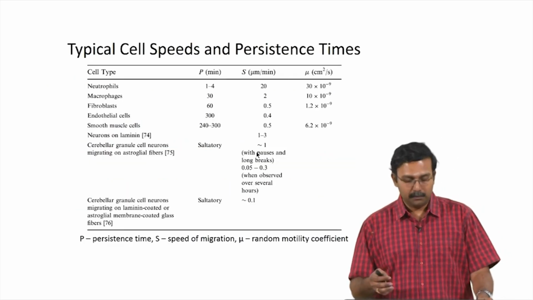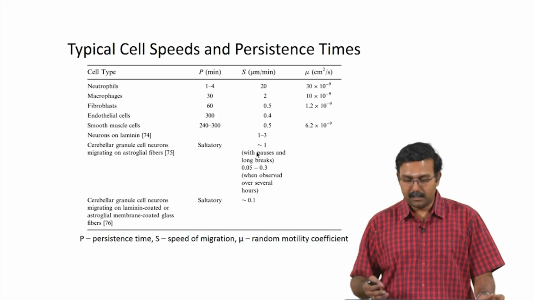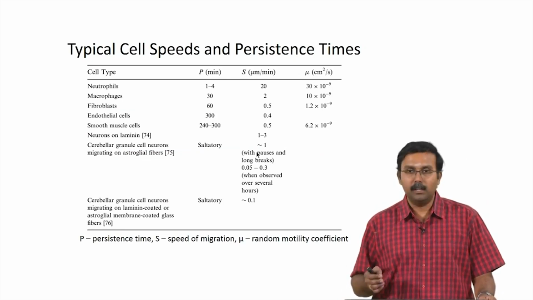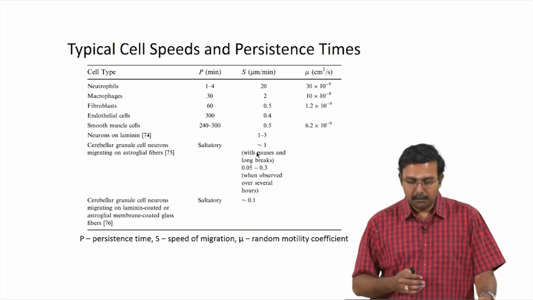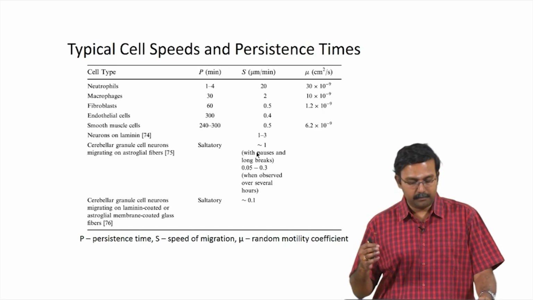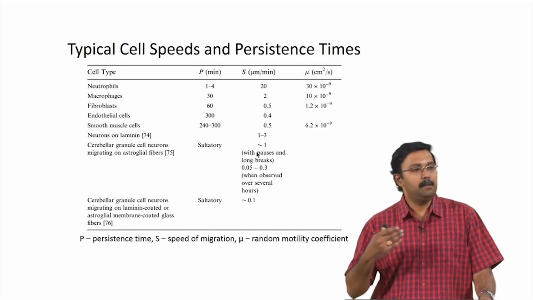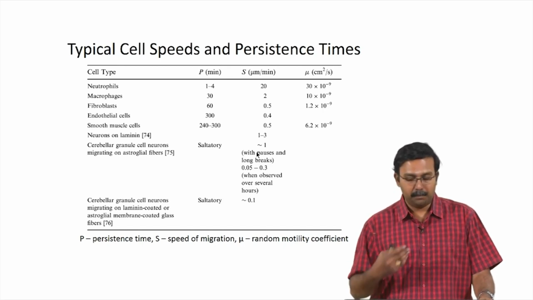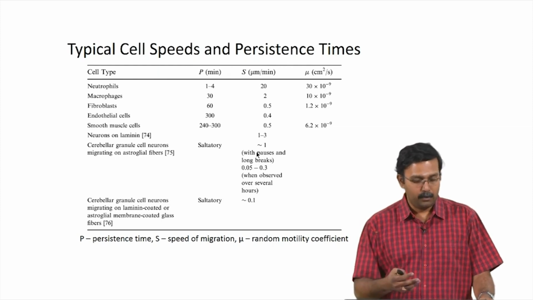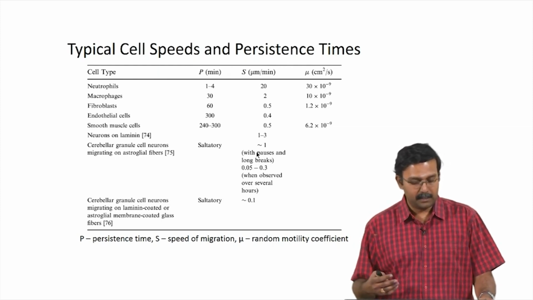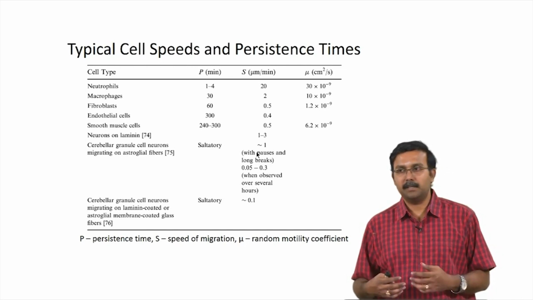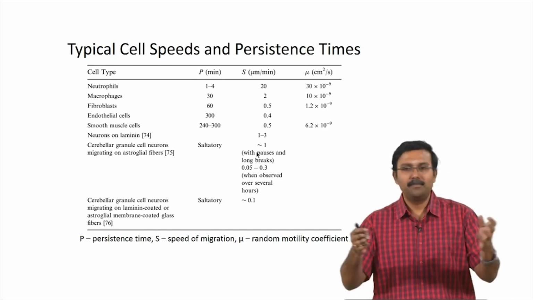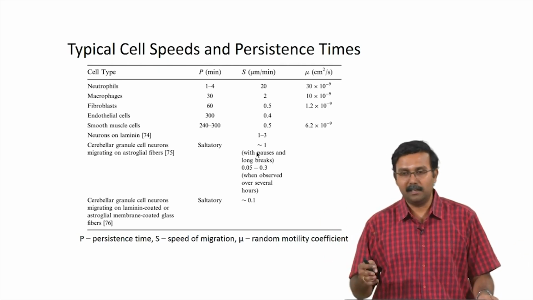So, these are some of the cells, their persistence time, speeds, and their motility coefficients. What you can see is some of the cells which are very motile would have lesser persistence time, like your neutrophils or macrophages. Especially neutrophils have significantly lesser persistence times because they just have to figure things out in the region where they are, right.